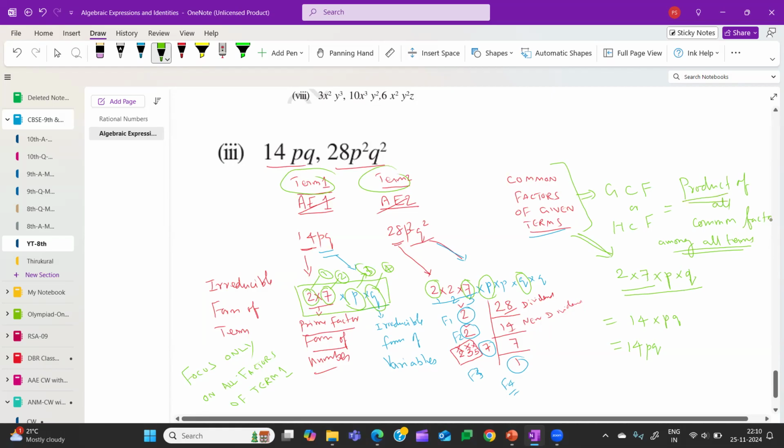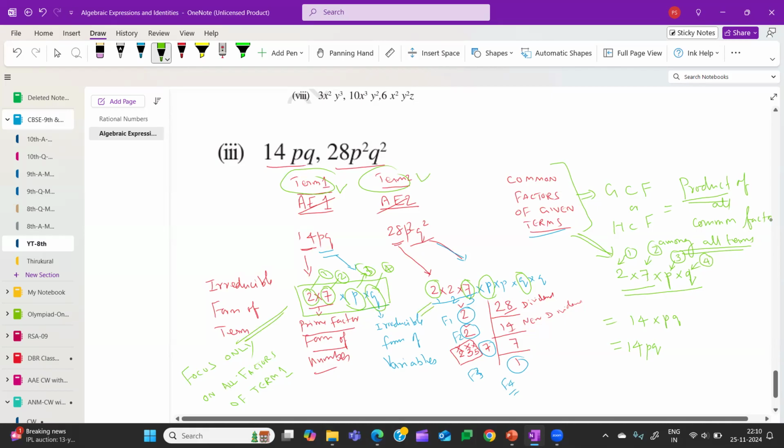So the first common factor is number 2, the second one is number 7, the third one is the variable P, and the fourth one is the variable Q. So there are 4 factors which are common between term 1's irreducible form and term 2's irreducible form.